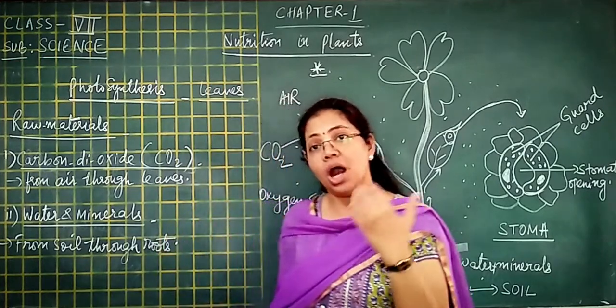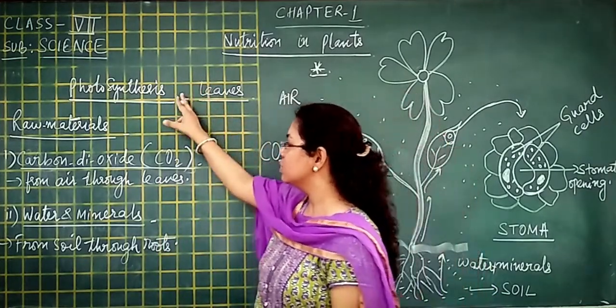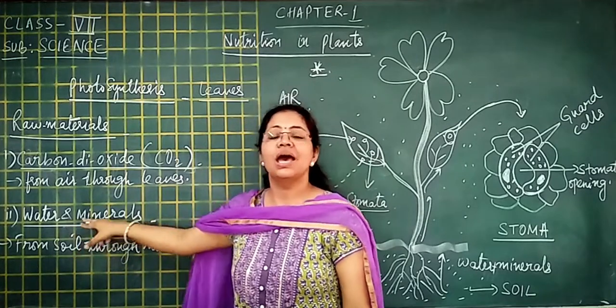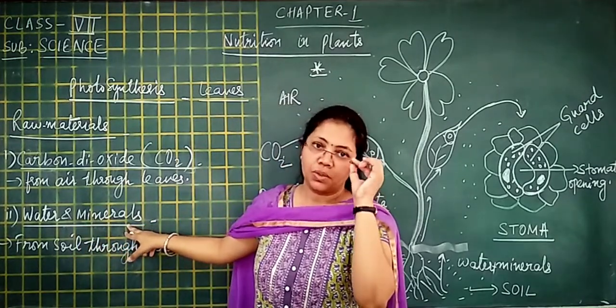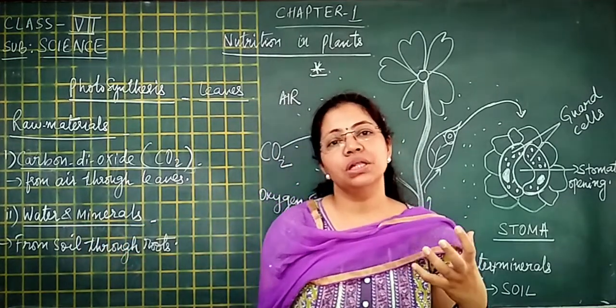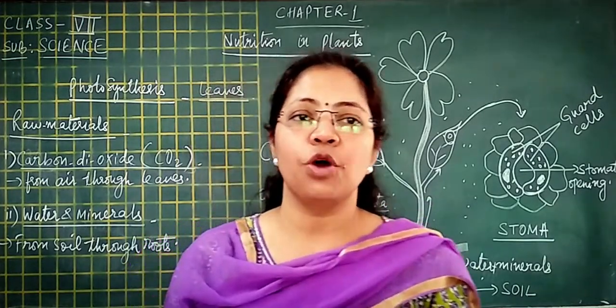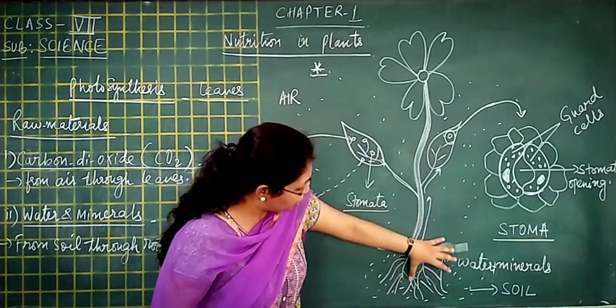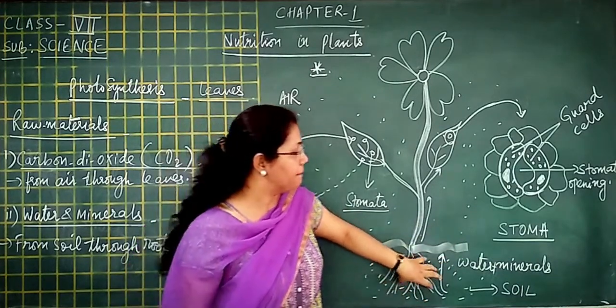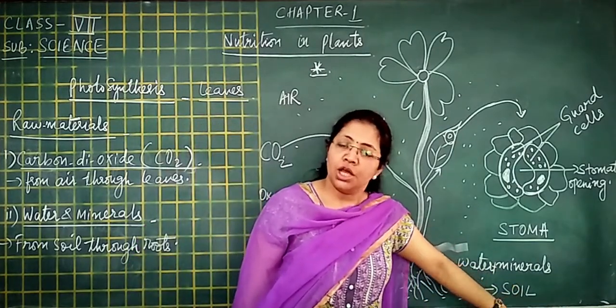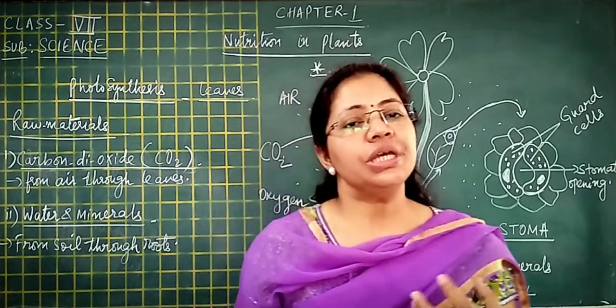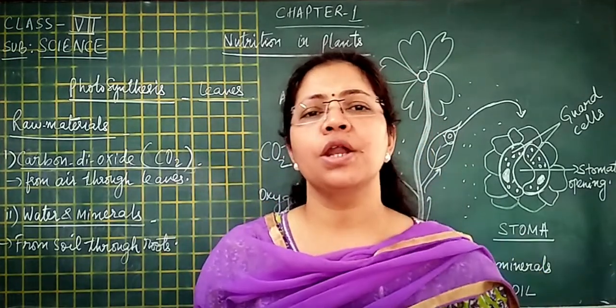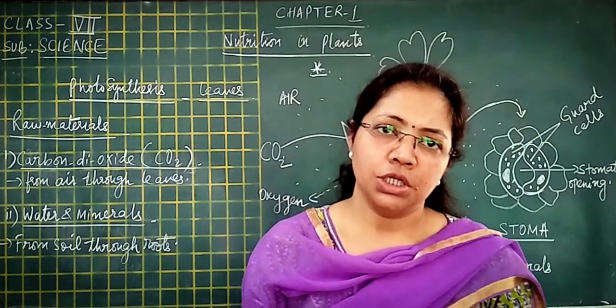Right? Now another raw material for photosynthesis is water and minerals. Yes, water and minerals are again needed by plants for photosynthesis. Now, we know that the roots of the plant are embedded in the soil. Now, soil is rich in numerous minerals.